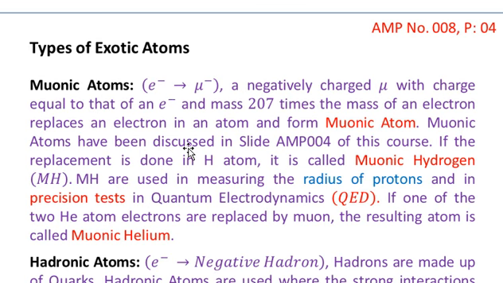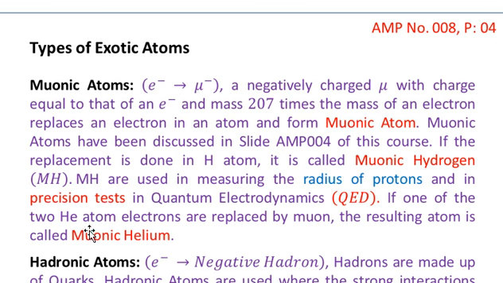Muonic atoms have been discussed in slide number 4 of this course. If the replacement is done in a hydrogen atom, it is called muonic hydrogen. Muonic hydrogen is used in measuring the radius of the proton and in precision tests in the field of quantum electrodynamics.